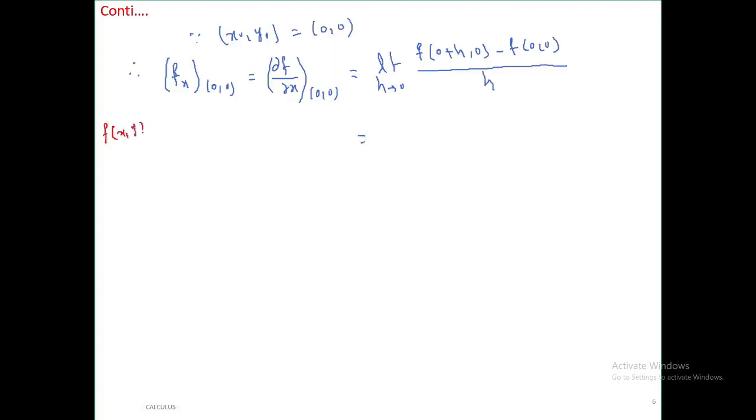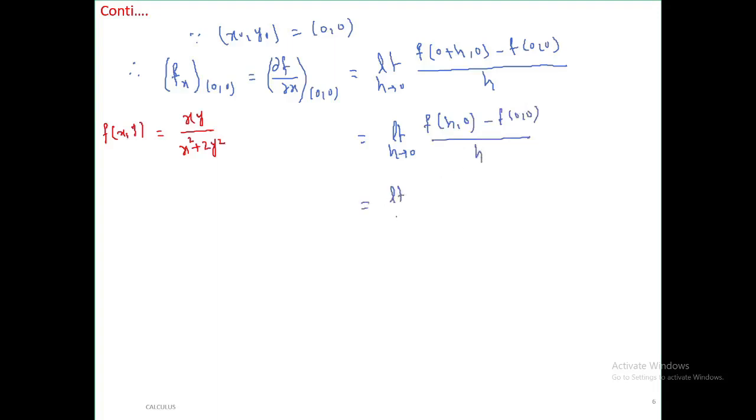It is x into y upon x square plus twice y square. Same thing, let us proceed here. Limit h tends to 0, what is this? f of h comma 0. Wherever x, there you write h, wherever y, there you write 0, minus f of 0 comma 0 upon h. Simplify this, what will you get?